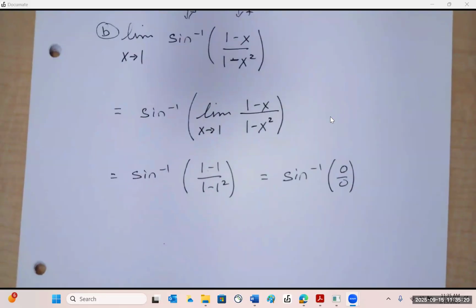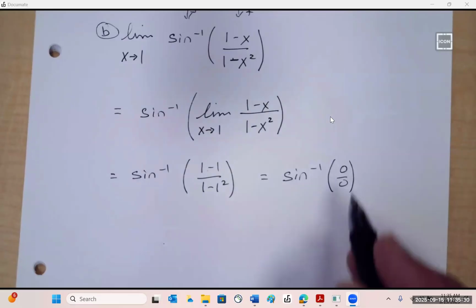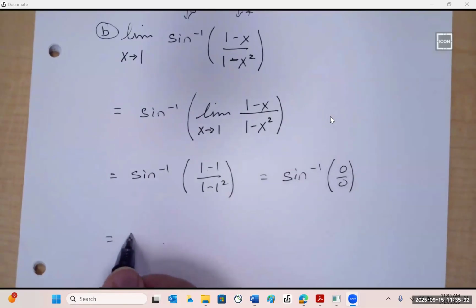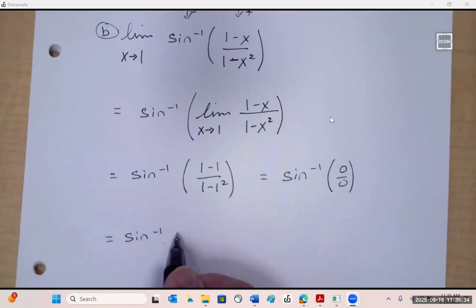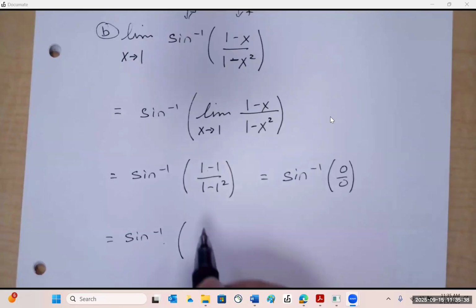What does that tell us? It tells us that there's something in common, top and bottom. So whenever you have 0 over 0, factor it. Since this doesn't work, we have to factor it.